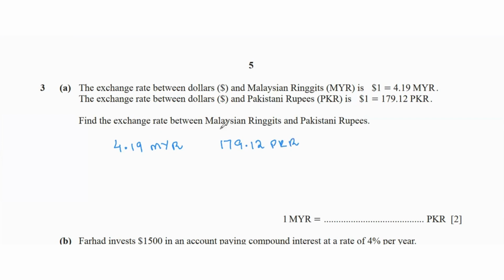We have to find the value of 1 MYR in PKR. So that's going to be 179.12 divided by 4.19. And when we divide the two, we should get 42.75 PKR. That is your answer.